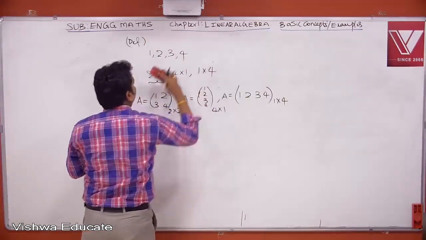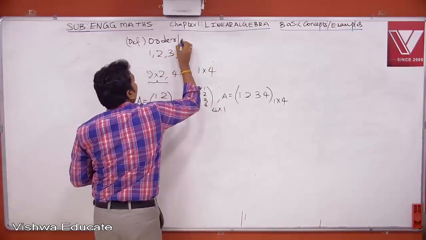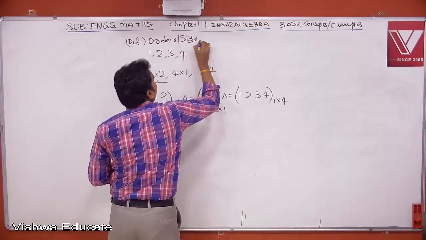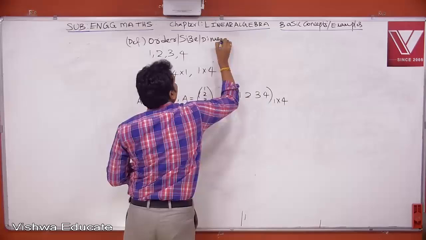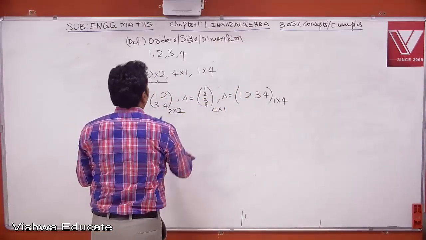Right. Next definition: order or size or dimension.